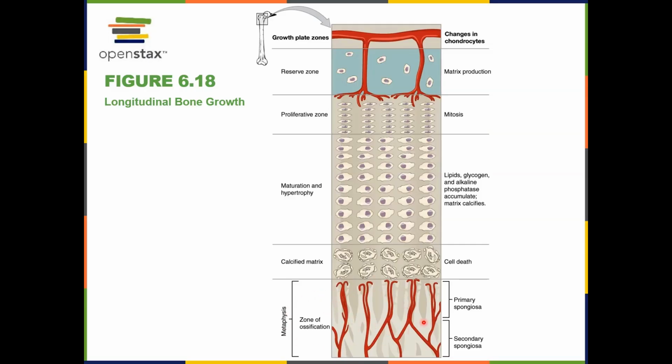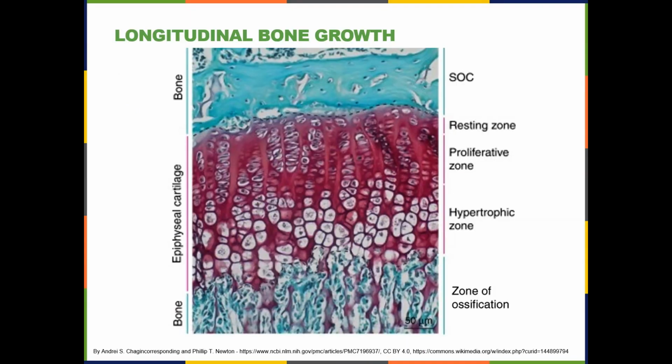So new bone is being formed down here at the end of the epiphyseal growth plate, closest to the diaphysis, known as the metaphysis. Whereas there's new cartilage being formed at the opposite side of the epiphyseal growth plate, closest to the epiphysis.